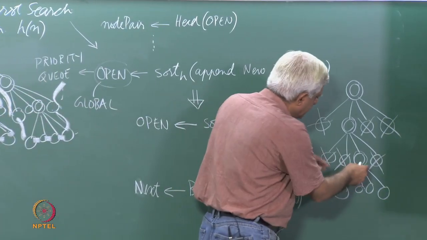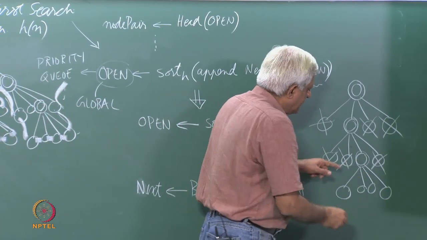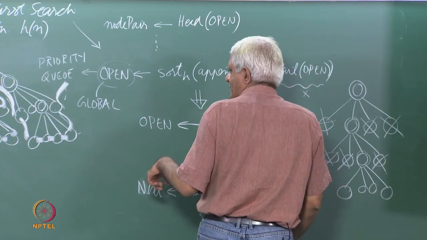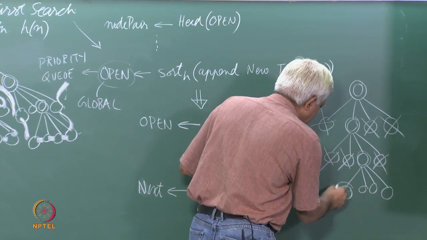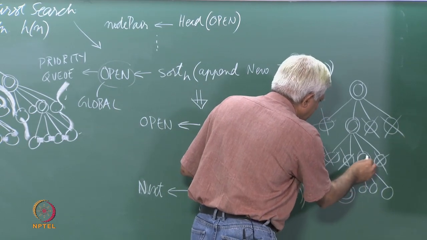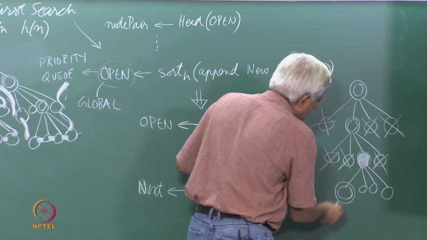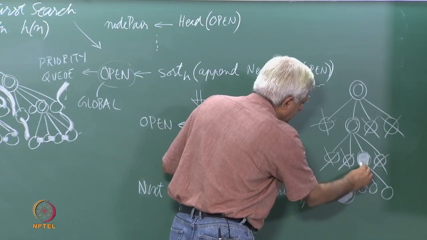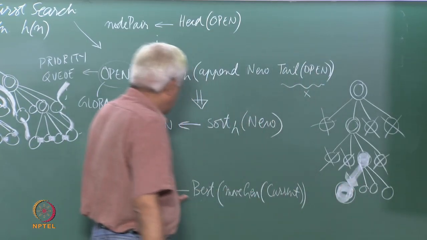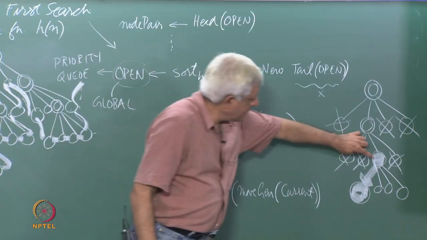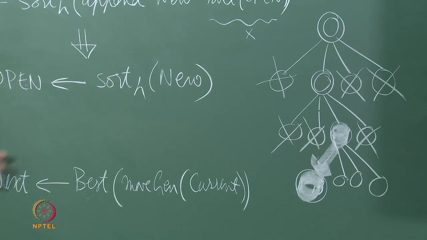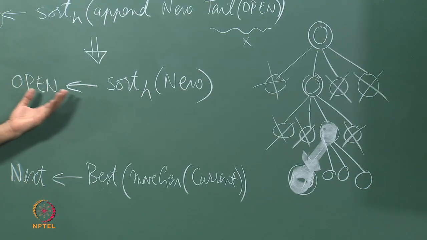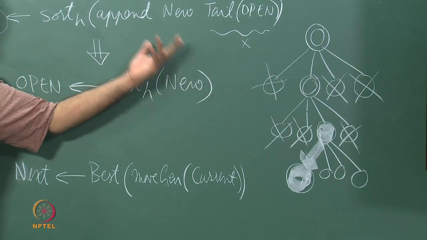So, essentially what we are saying is that if you are at a current node, for example, if this is the current node, then you move to the next node, which is in this, let us say this one. So, you are here, and then you simply move to this one essentially, and that is the move that you make here. So, that is current, and this is next essentially, because we do not want to waste time sorting, because we are not going to use those anyway later essentially.